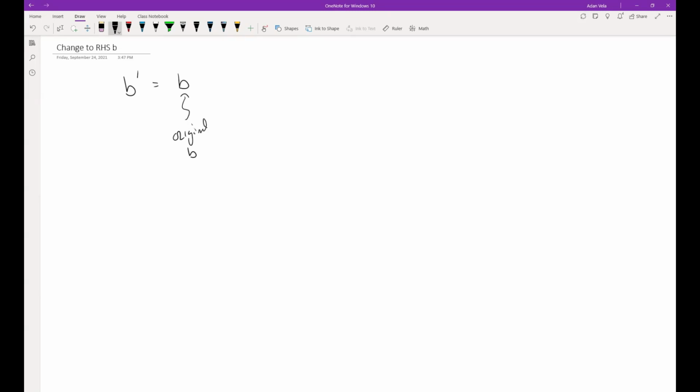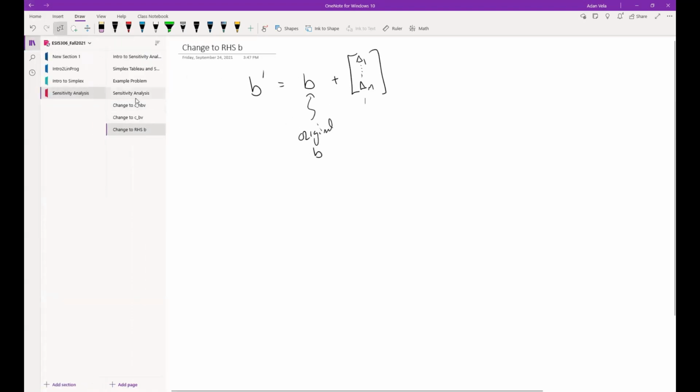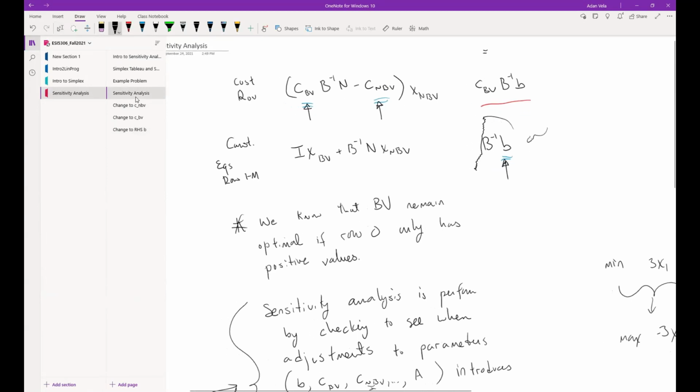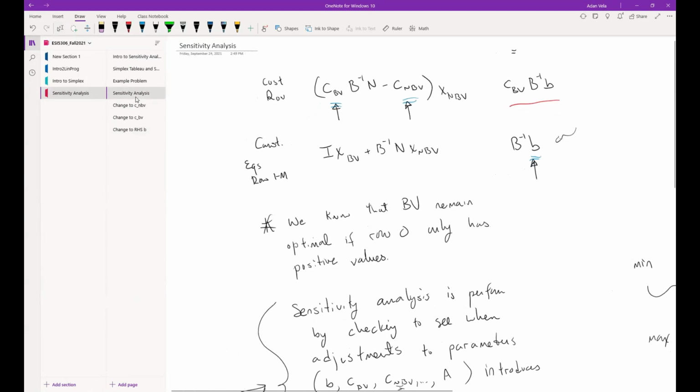But we're going to change it by some delta value. Okay. Now there's just one rule, which is if we go back to our summary equations, this is the equation we're going to look at first.